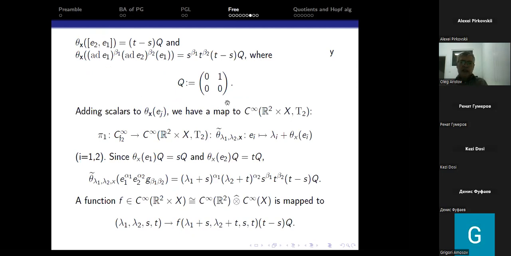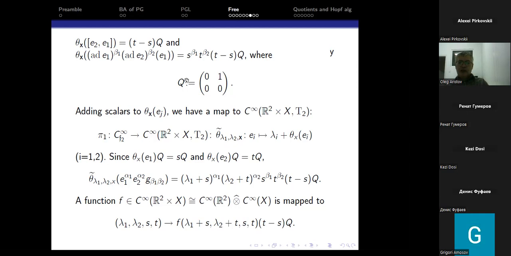And it is easy to see that if we denote by Q the matrix with 1 in the upper left corner, then theta X of the first commutator is just a multiple of this Q. And the iterated commutators are also multiples of Q, but the coefficient here is a monomial in t minus s.